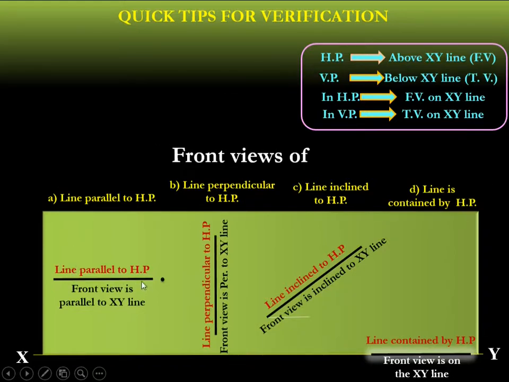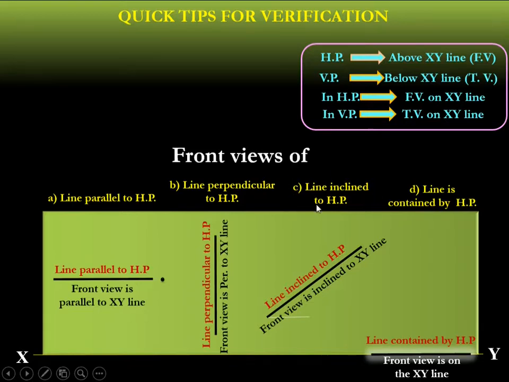A line which is parallel to HP. HP means above XY line. So when we draw the front view, ensure that it is parallel as well as above the XY line. Whenever the given straight line is perpendicular to horizontal plane, ensure that the front view line is drawn above the XY line and it is also perpendicular to XY line.